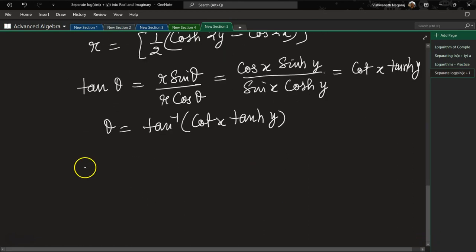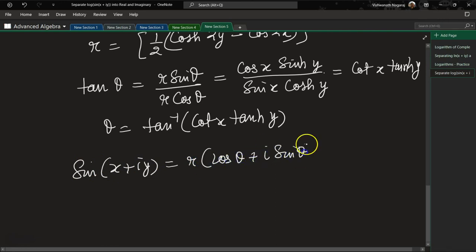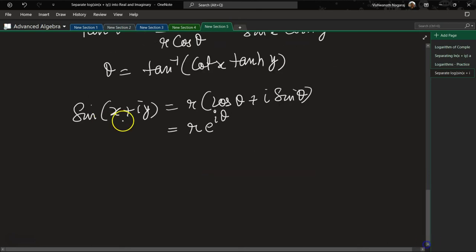Now we know that sin of x plus iy is equal to r times cos theta plus i sin theta, and this cos theta plus i sin theta can be written as e to the power of i theta, right? So let's take the log of both the sides.